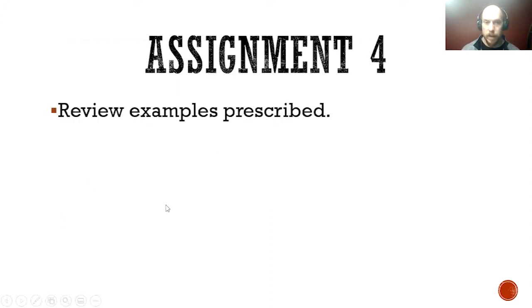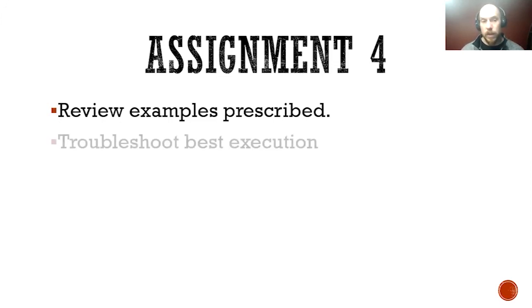So for this week's assignment, review the examples that I've prescribed. I'm giving you a couple of different exercises showing the different ways that body position changes to find the greatest end range of motion. I want you to play with those and find your greatest end range of motion based on what I've presented. And then you're going to troubleshoot best execution.